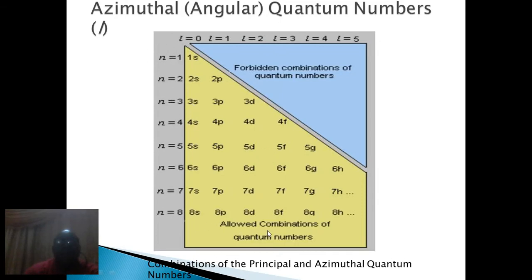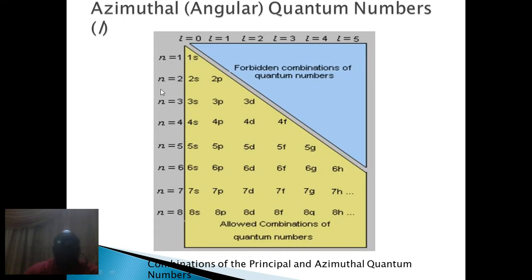This figure represents what we mean by the azimuthal or angular quantum number, l. These are the possible l values we can find in an atom. When n is 1, l is 0, we have 1s, because if l is 0, we have the s orbital, and the shell is 1. That's why we have 1s.